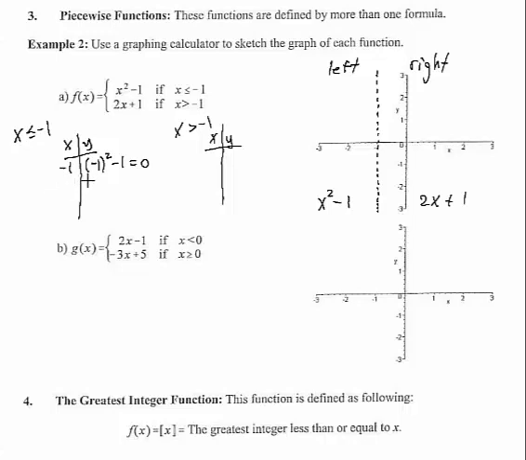Okay, 3 inputs. Now for x, we want to start choosing values less than negative 1. So I will go to the left on the x-axis and choose negative 2, square it, subtract 1, and I'll get my output. So here I have a 4, subtract 1, I get 3 for output.